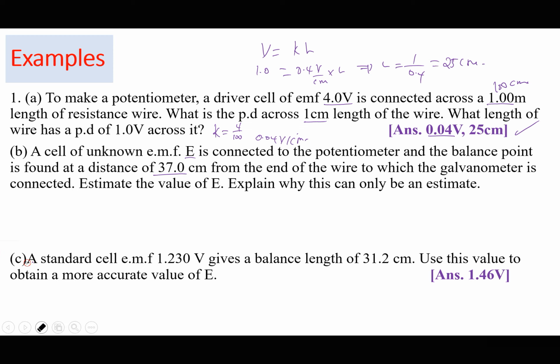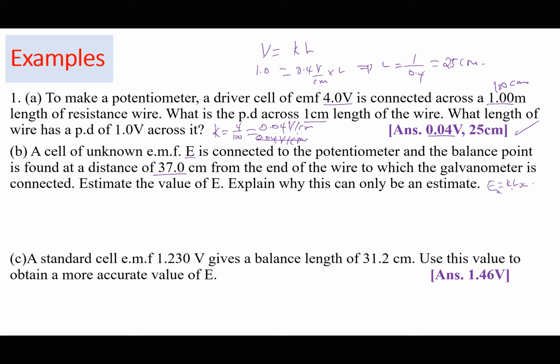So this is 0.04 volts per centimeter. Okay, estimate. If the cell is connected to the potentiometer, of course we know from what we have already discussed, the EMF of the cell is equal to the PD across the balance length. The PD across the balance length is the constant times the balance length, called Lx.